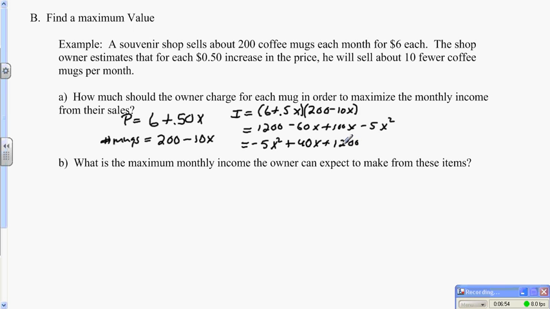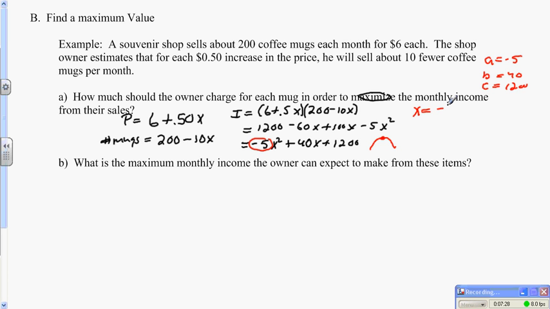Now we need to know what our max will be. Now we know it's going to be a maximum because a is negative. If a is negative, it's going to go like this, and we want to know where the max will take place. And that is a question of line of symmetry. So we have an a equal to negative 5, a b equal to 40, and a c equal to 1200.